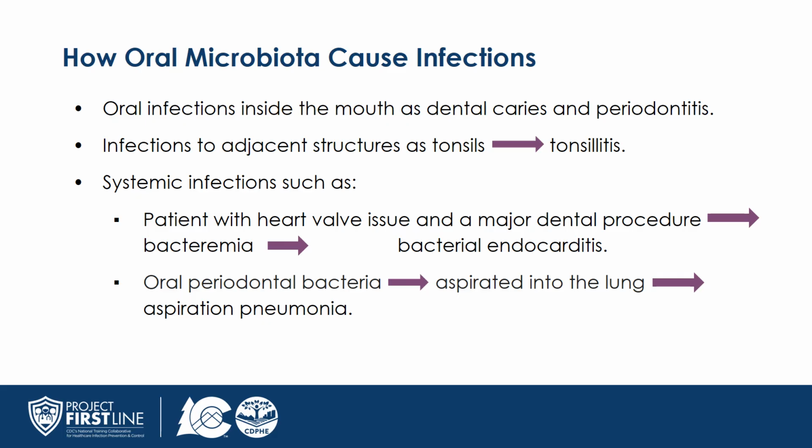Another example is a patient with periodontitis. The bacteria that caused the periodontitis was aspirated into the lungs of the patient and led to what we call aspiration pneumonia. Oral microbiota causing pneumonia is also more common to see in patients in intensive care or those on ventilators when they have poor oral hygiene.